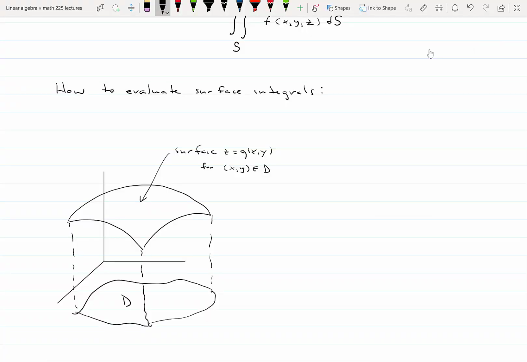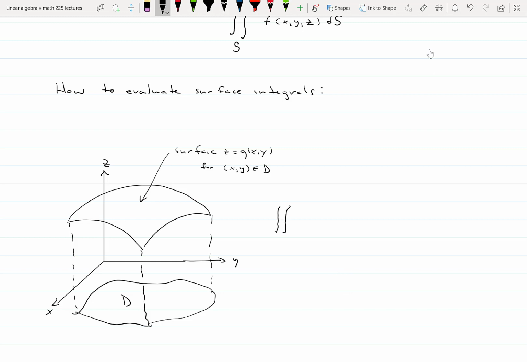So how to evaluate surface integrals? Consider that we're given the surface z equals some g of x, y, where x, y comes from the domain D in the xy plane. Again, we stuff the formula for the surface into the surface integral and then evaluate over D. I'm going to be real explicit here.